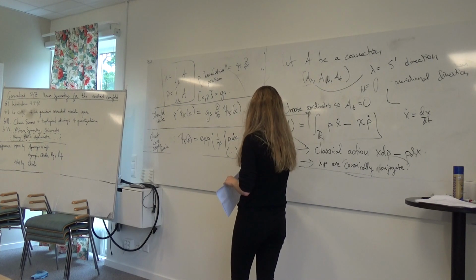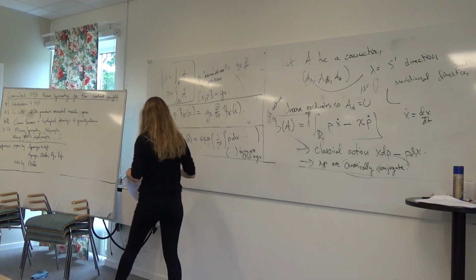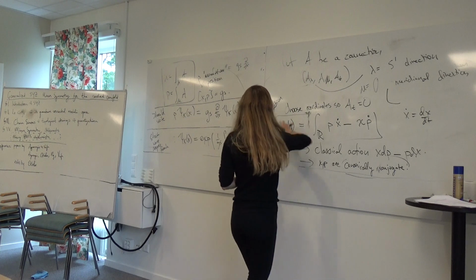Recall that we're going to take g_s going to 0, so essentially the leading terms are going to dominate. So this is a valid thing to do, and you get this straight from that line.